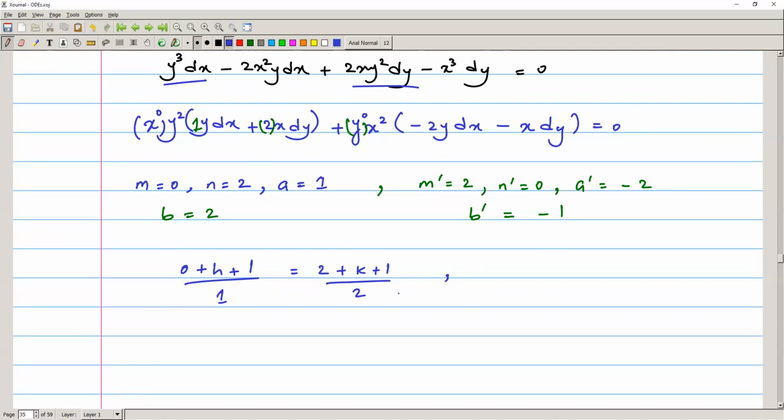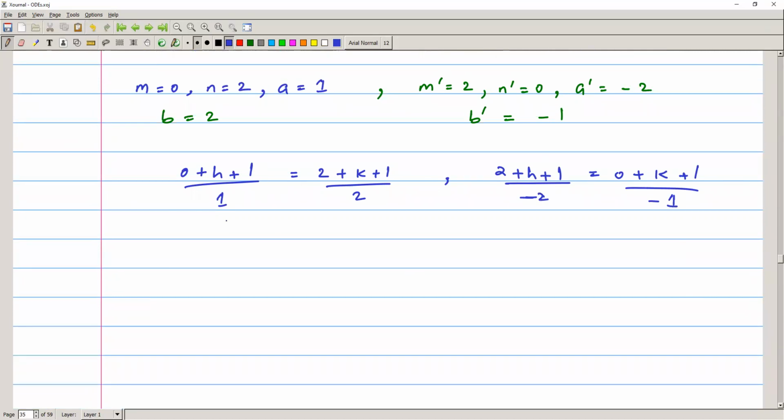And here we will have 2 plus h plus 1 over a prime, that is -2, and that is equal to 0 plus k plus 1 over -1. All right, so now we can find h and k from here. So this will be 2 times (h plus 1) is equal to 2 plus k.